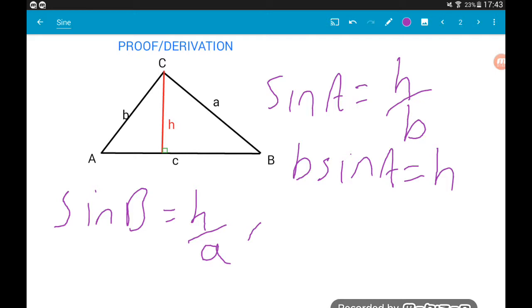How is that useful to us? Well, we now know two equations for H in terms of A and B. So if both of those things are equal to H, that means that they are equal to each other.